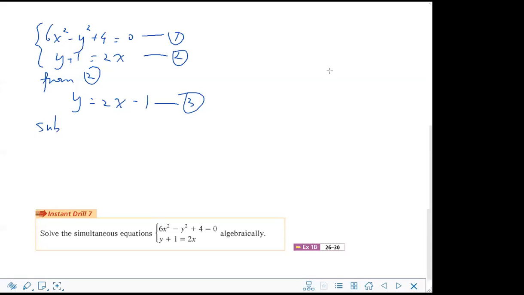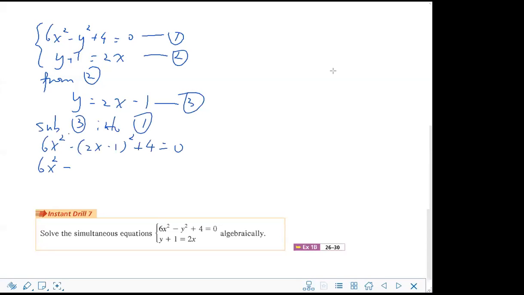Okay, and then we will expand the bracket. So 6x squared, no change, minus, careful here, because this bracket squared has a negative sign before, so we will give it a bracket first.